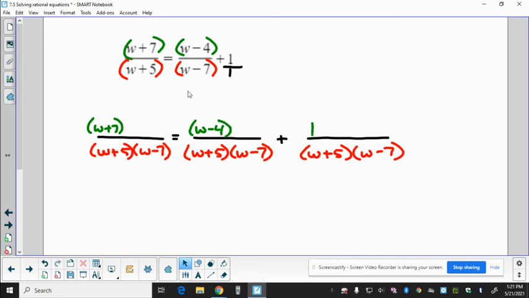All right, let's do some comparisons. Old denominator, new denominator. How's it different? Factor of w minus 7. Old denominator, new denominator. How's it different? Factor of w plus 5. Old denominator is 1, new denominator is totally different.